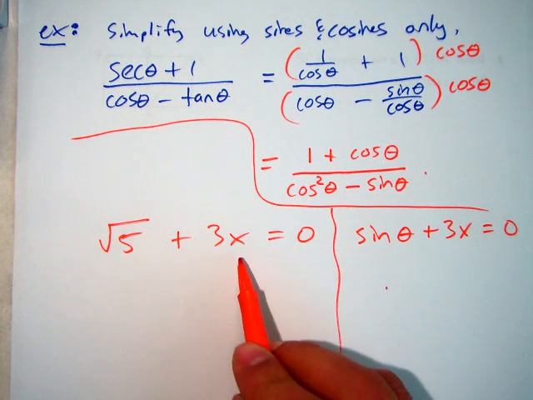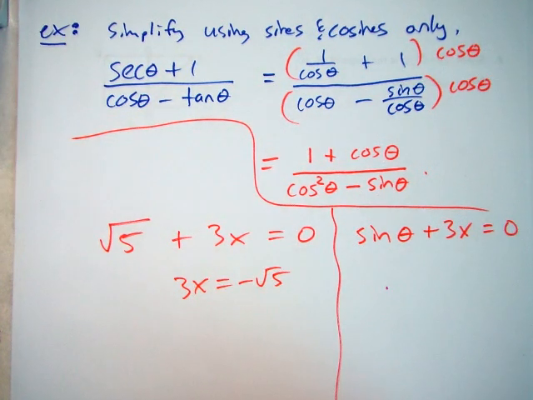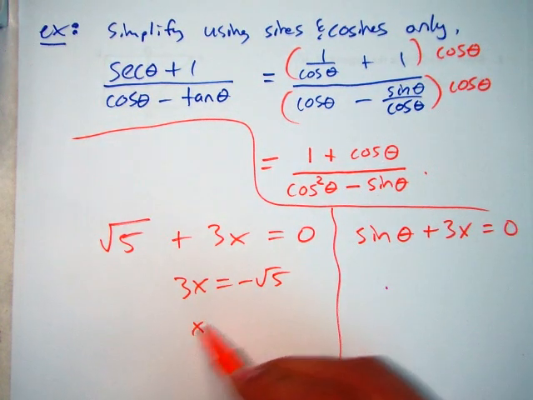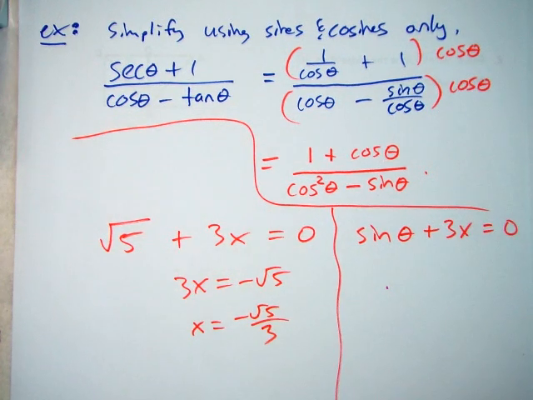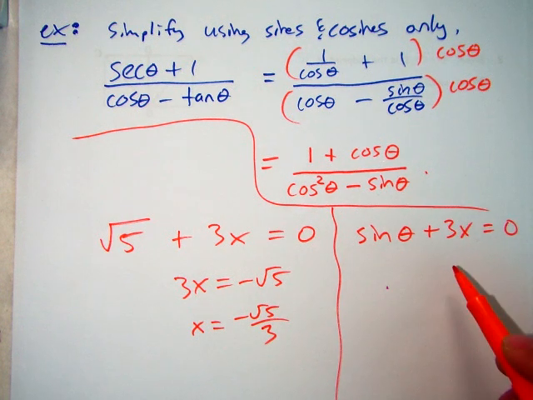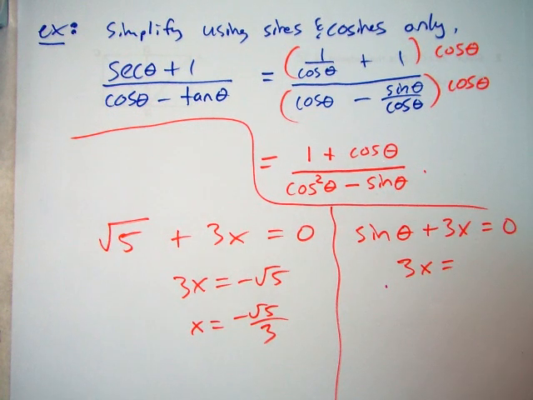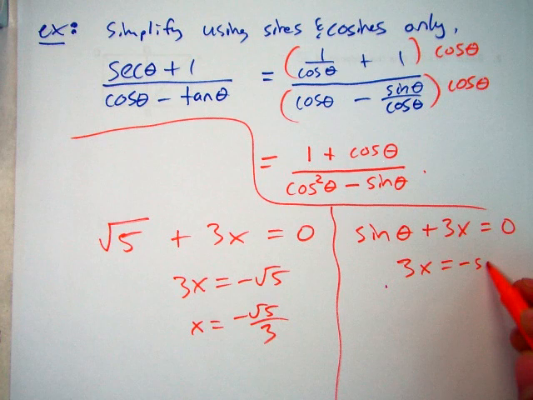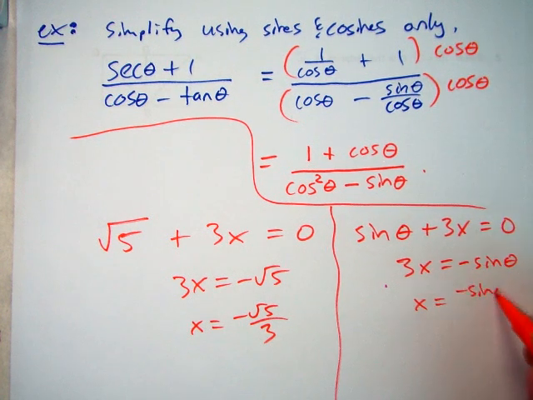Subtract root 5, and then divide by 3. So x is negative root 5 over 3. Now over here, 3x would be equal to what? Negative sine theta. And then x would just be negative sine theta over 3.